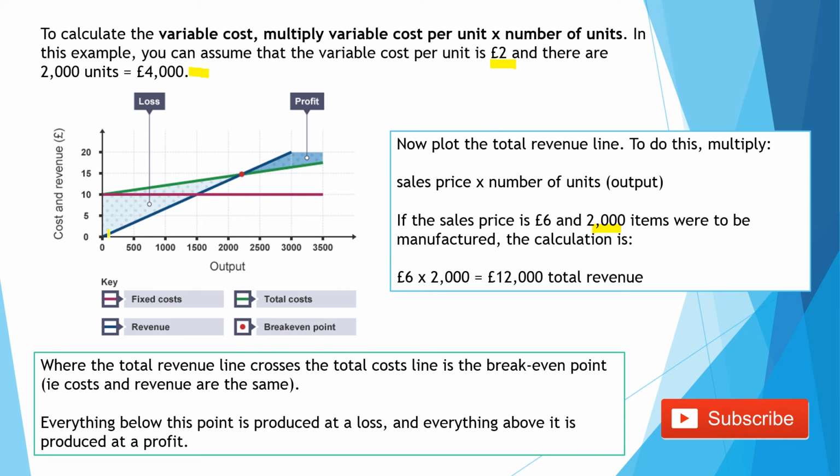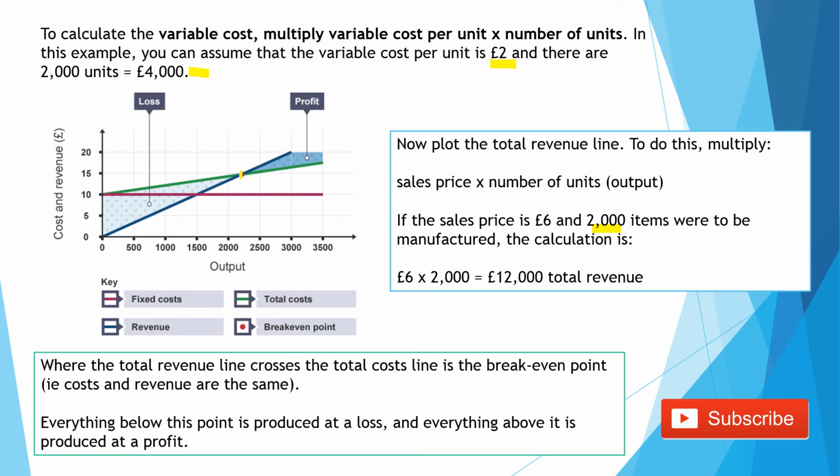So this is where we started with no money, so we had all our fixed costs at 10,000, and as soon as we started the production, our variable costs started to increase, and so therefore we started to make more sales. And the point where our total cost crosses our revenue is our break-even point.